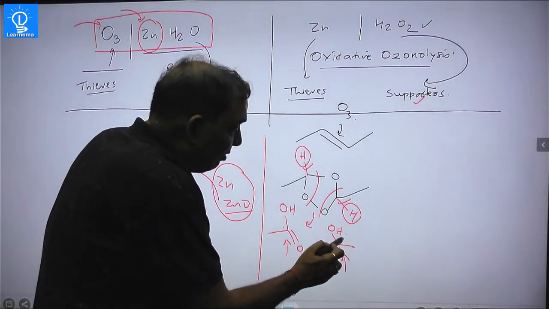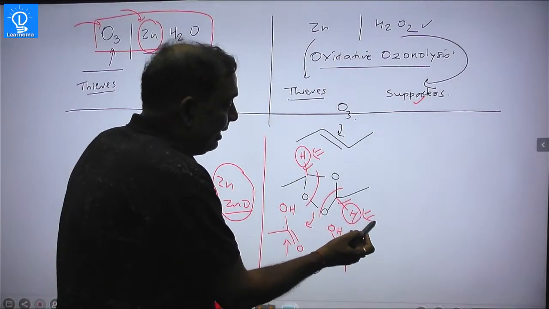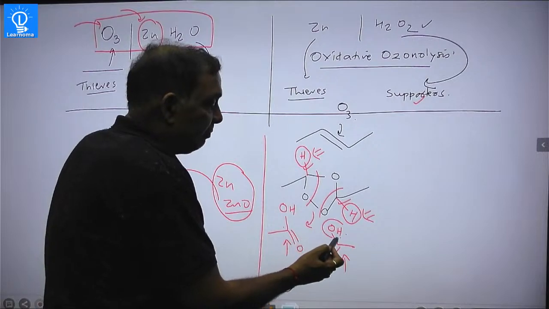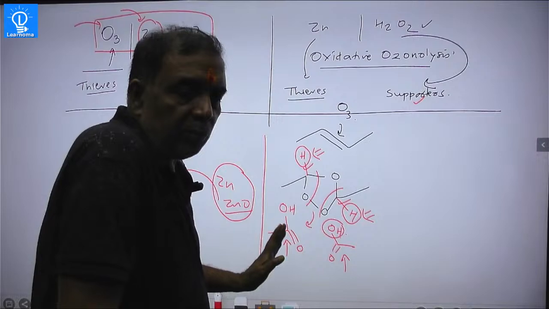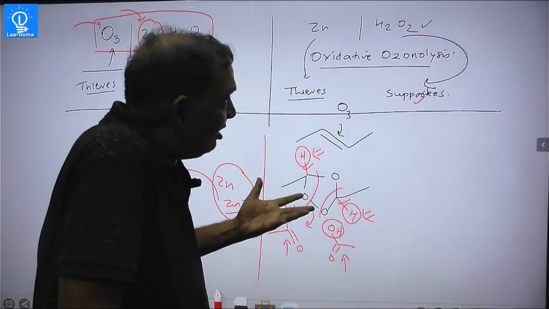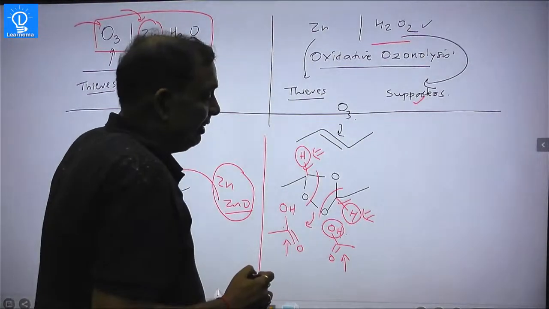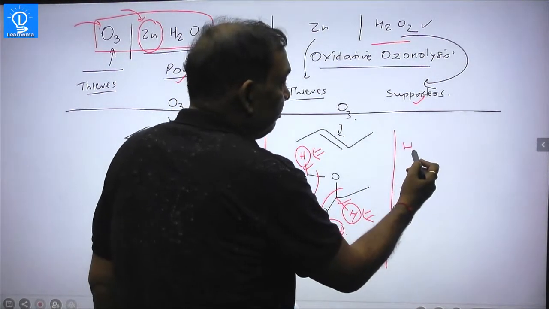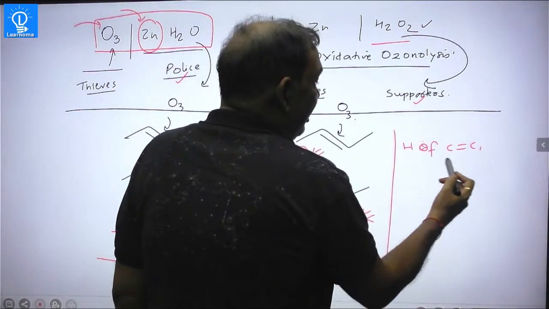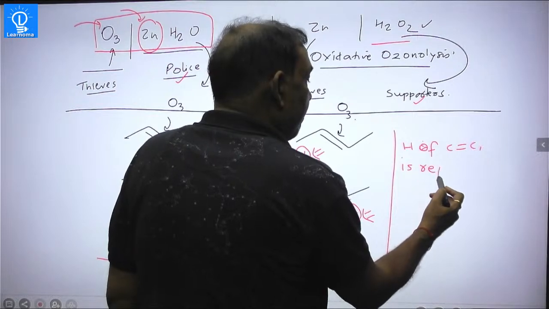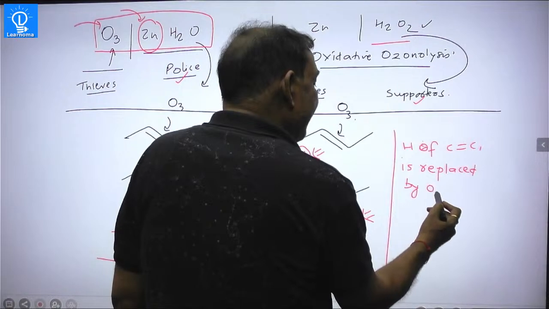Now this product formation depends on whether we have H or not. If H is there, it will be replaced by OH. What this means is that the double bond is replaced by double bond O on both sides, and if they have H and zinc is not there, then H of the double bond is replaced by OH.